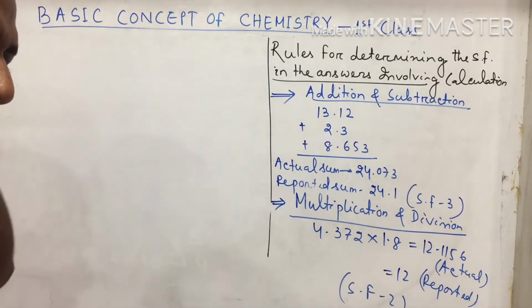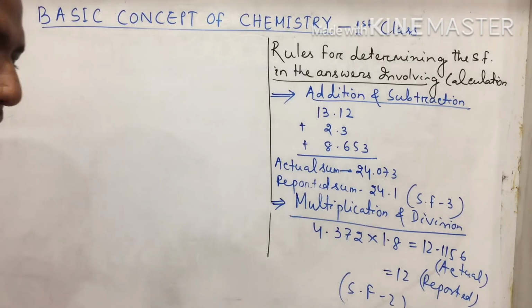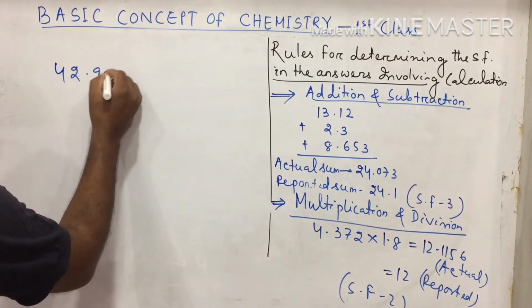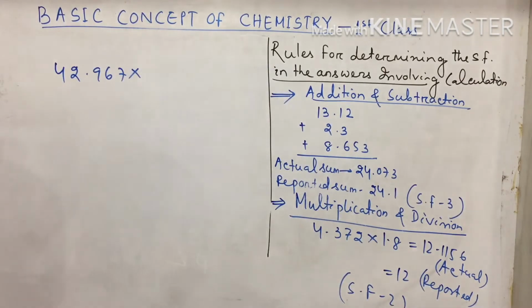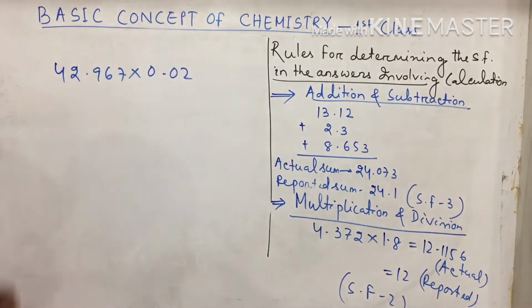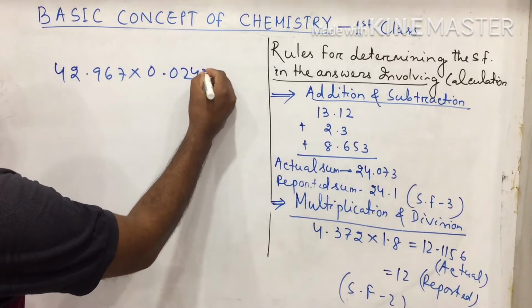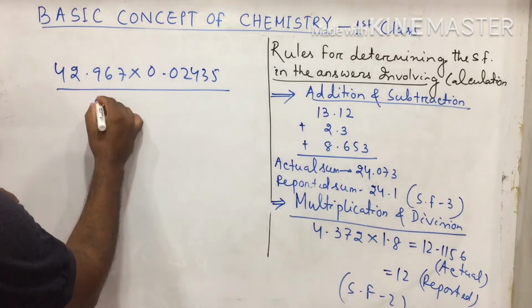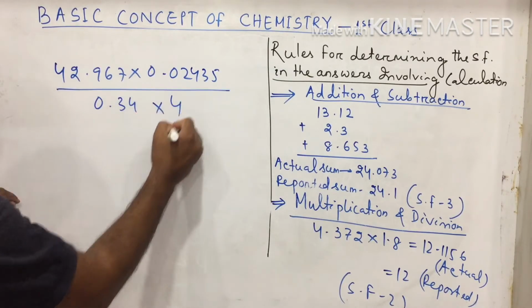Similarly, suppose a calculation involves a number of steps. I will write one example: 42.967 into 0.02435 divided by 0.34 into 4.